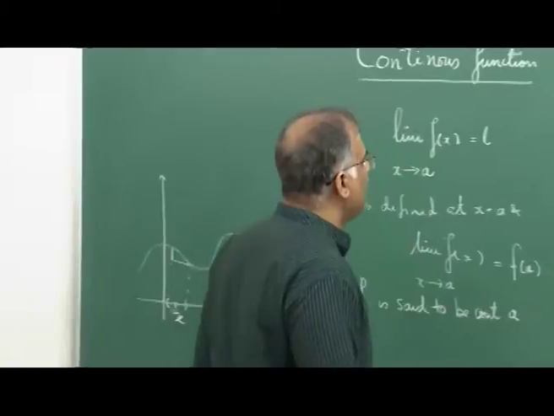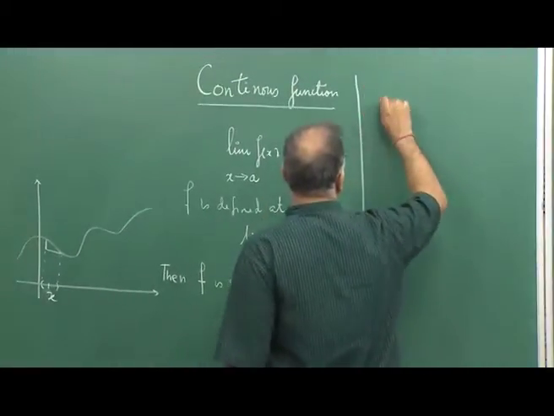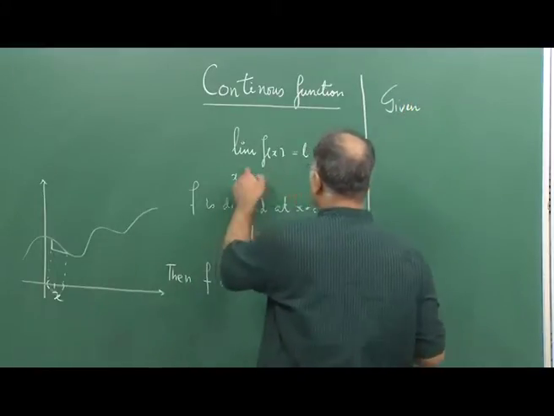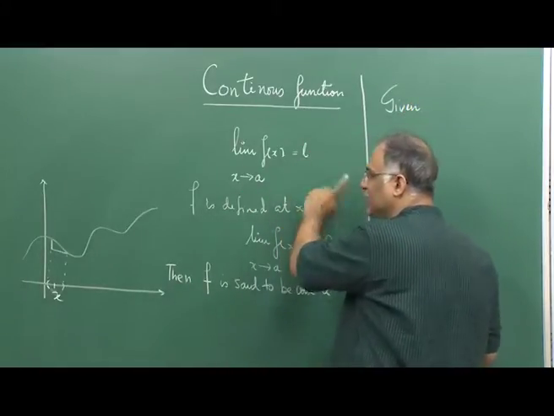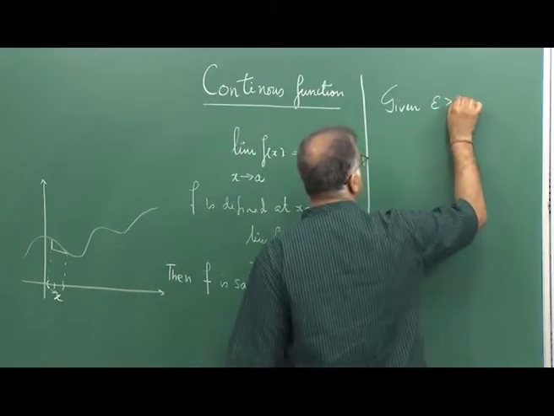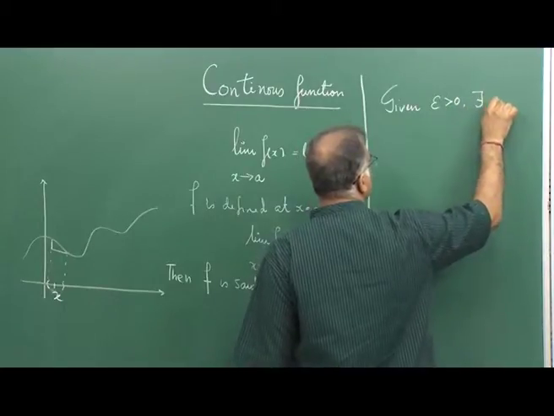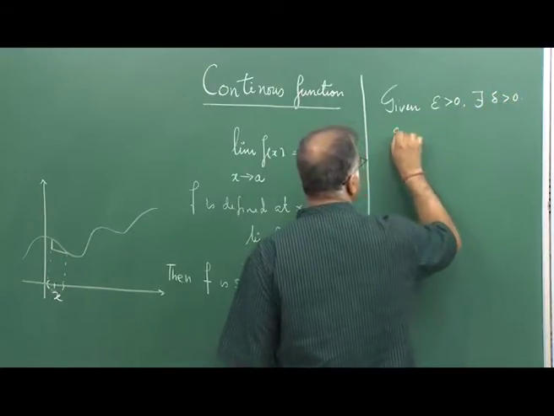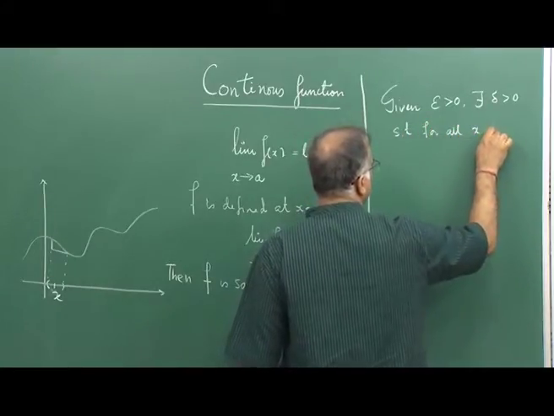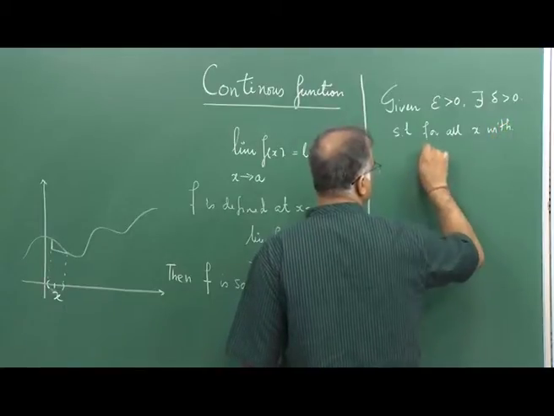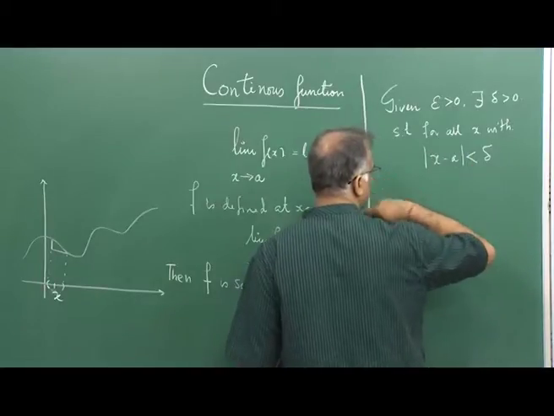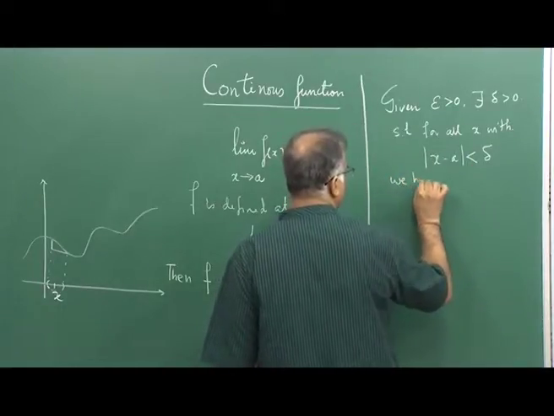So, translated into the epsilon delta language, it says that, given, I am writing the definition I have for the limit, but instead of L, it has now become f(a). Given epsilon greater than 0, there exists delta greater than 0 such that for all x with |x - a| less than delta, we have |f(x) - f(a)| less than epsilon.